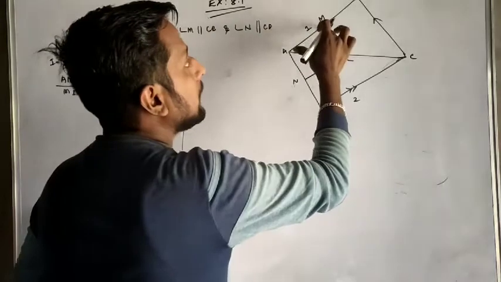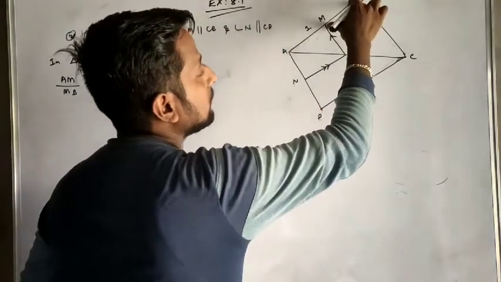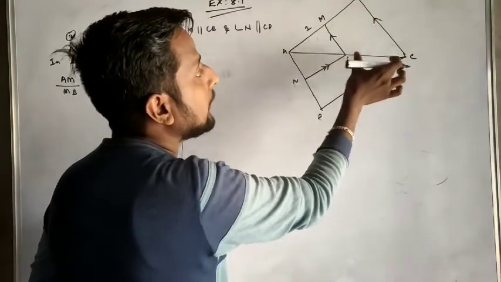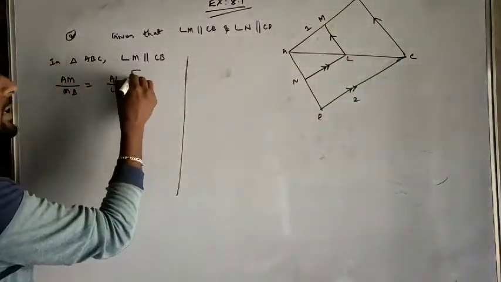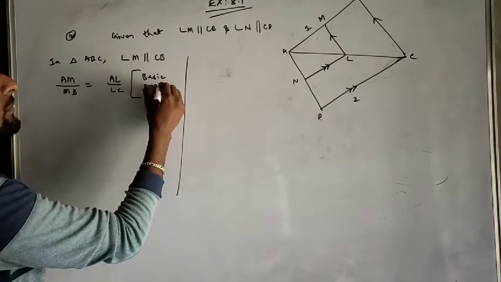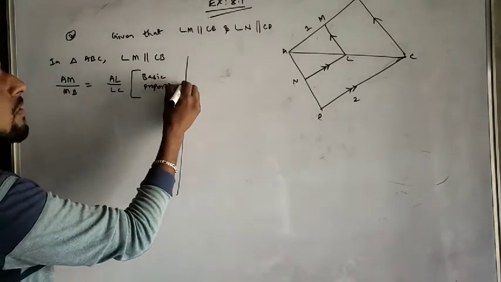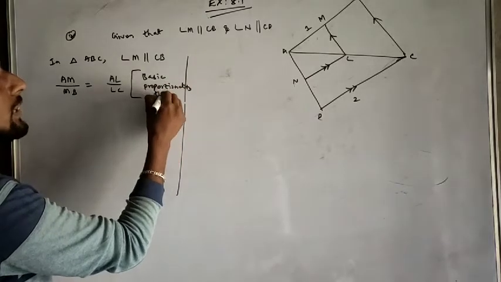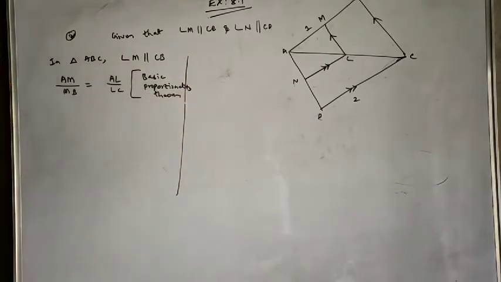Look: AM by MB is equal to AL by LC. Same theorem, the basic proportionality theorem. Right. So what I am going to do now, I will make the fraction reverse.